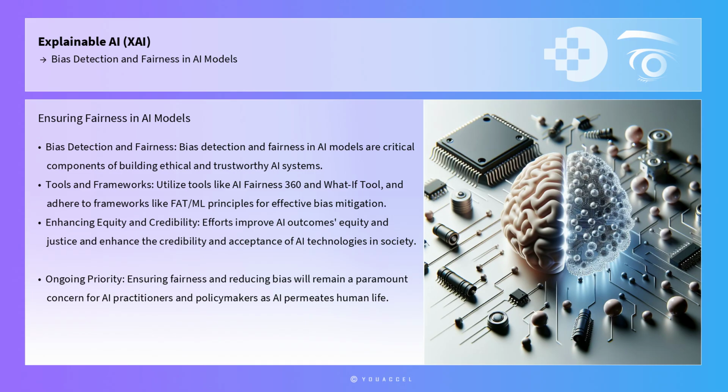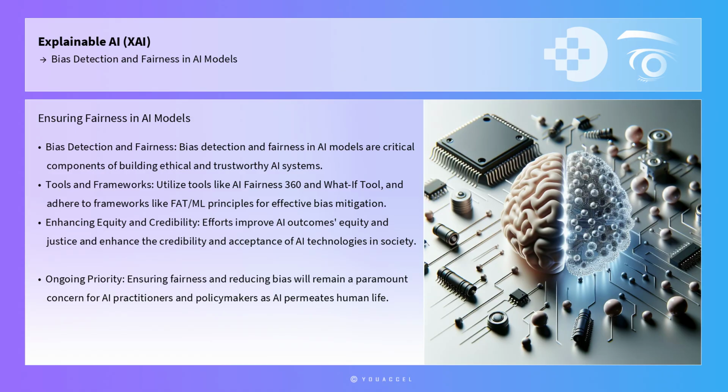In conclusion, bias detection and fairness in AI models are critical components of building ethical and trustworthy AI systems. By employing fairness metrics, utilizing practical tools like AI Fairness 360 and What If tool, adhering to frameworks like FAT-ML principles, and following a structured approach to bias mitigation, AI professionals can effectively address biases in AI systems.